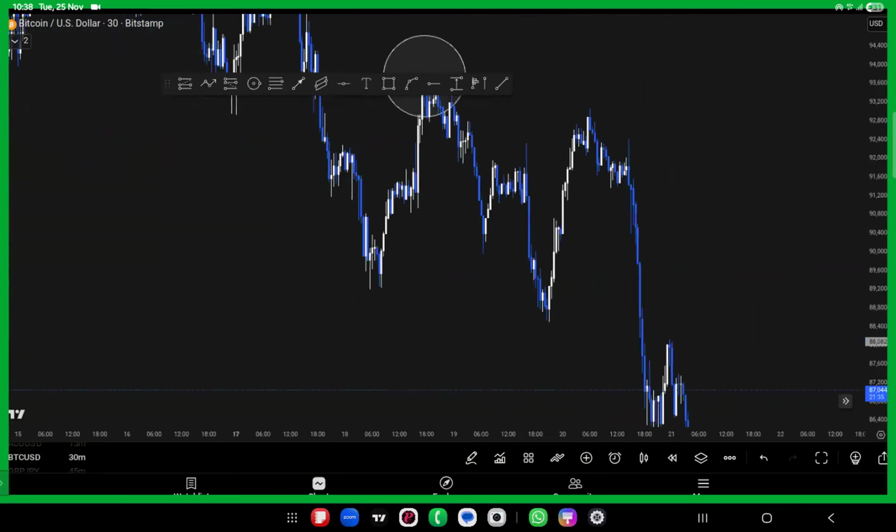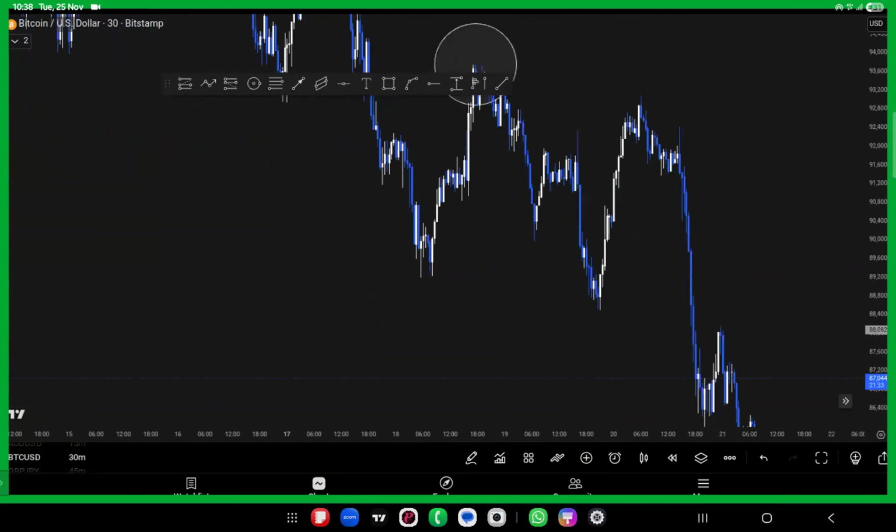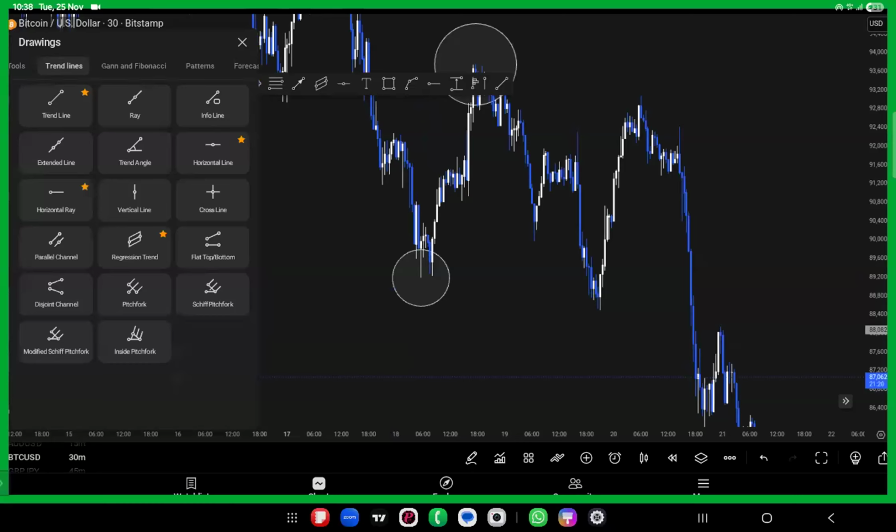Now, when it comes to lows, the same thing applies. I just have to turn off this magnet for now.